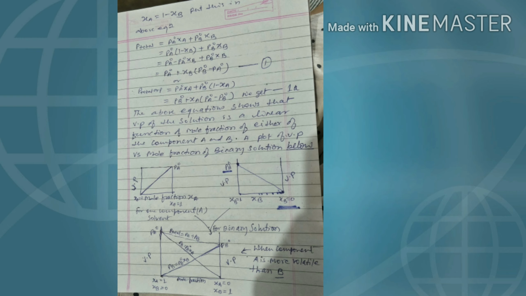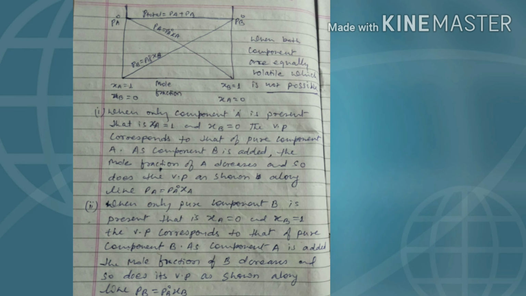On rising, the vapor pressure is equal to PA naught and PB naught as shown in the diagram. This is the graph when component A is more volatile than component B. Let's see the graph when both components are equally volatile, which is not possible in practice. If they are equally volatile, then this diagram is obtained.